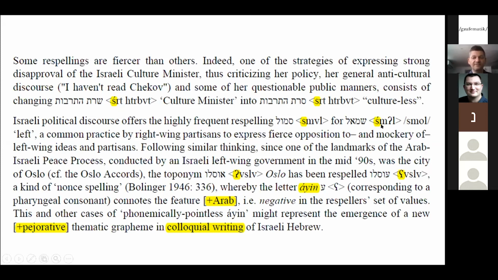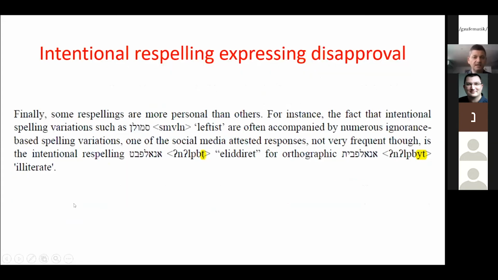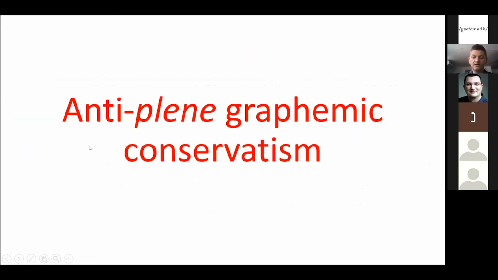Same goes for left. People who don't like others who are identified with the left would spell it differently to disapprove. So these all convey the pejorative meaning. I'll skip.